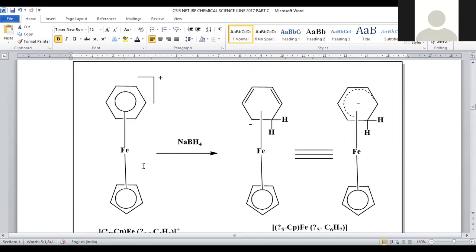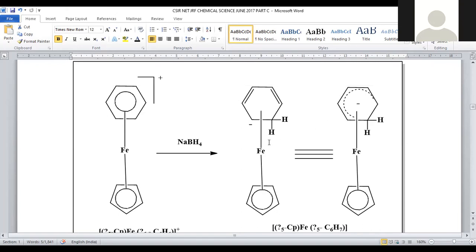This is an organometallic compound where iron is attached to one cyclopentadienyl and, on the other side, a benzene ring. 6 electrons are contributed by benzene, 5 electrons by the cyclopentadienyl anion, and a whole positive charge is there on the complex. Now it is treated with sodium borohydride, which is able to release H minus. H minus is added to one of the carbon centers, and it will originate a carbocation. This will be resonance delocalized within the complex, canonical structures will be obtained, and finally we can assume a resonance hybrid, where we get the compound with one hydrogen added.